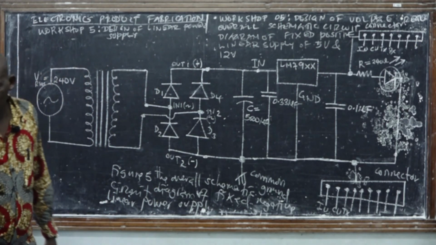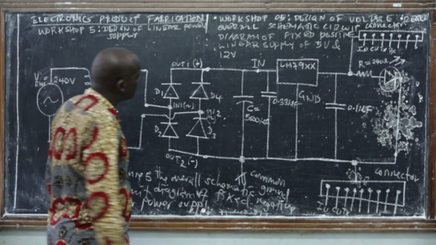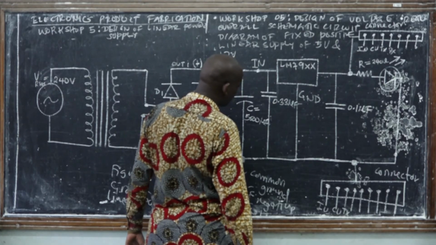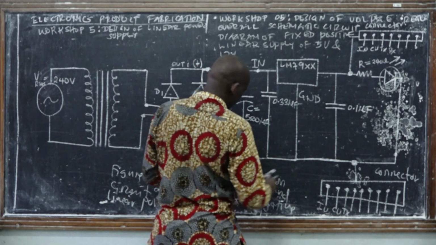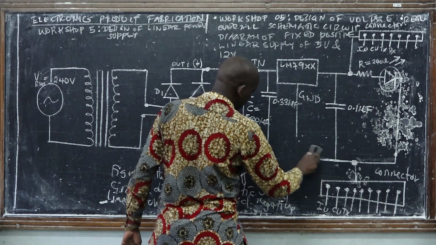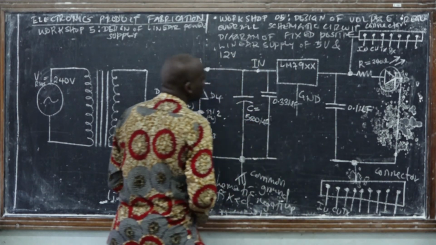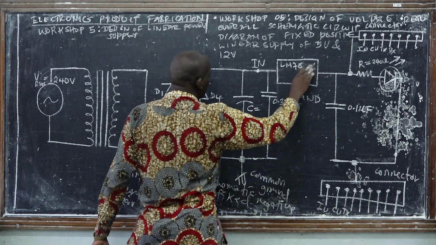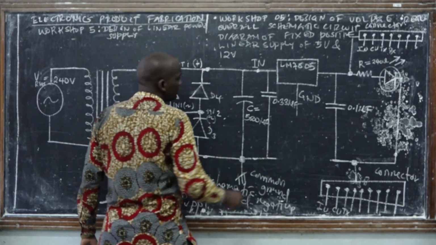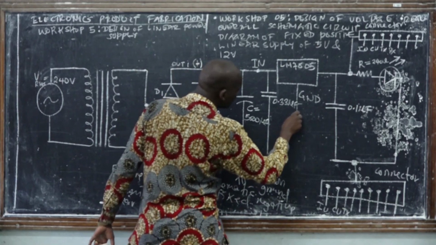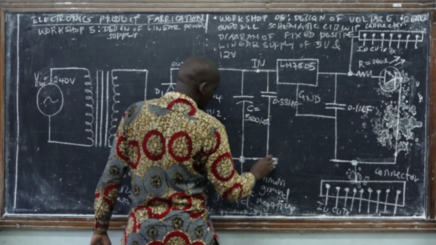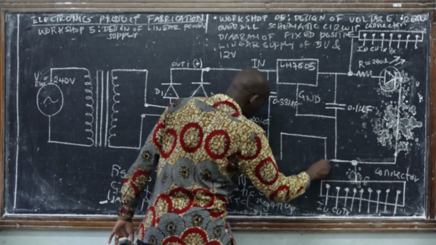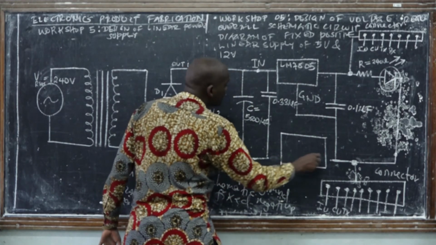For this case, we are going to have something like this. Here we are going to have, let's say, LM78 and then 05. Here we are going to have the common ground. We have to connect these voltage regulators in parallel, not in series.